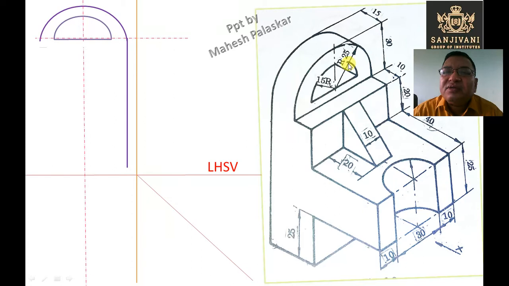So 30 minus 25, this distance is 5 mm, right? So this 5 plus 20, 25 plus 25, 50 plus 25, that is 75. So here the length of this line is 75 mm. This is another line and it is also 75 mm long, vertical line, right, parallel to the same line.